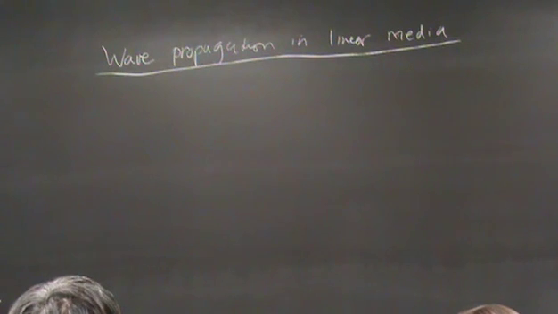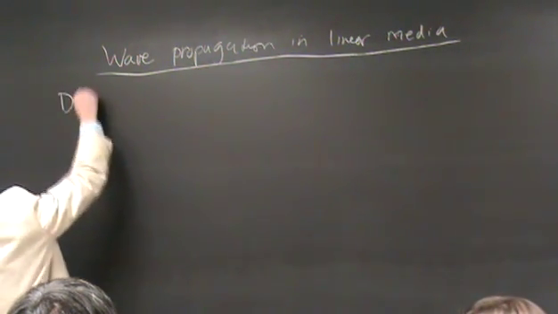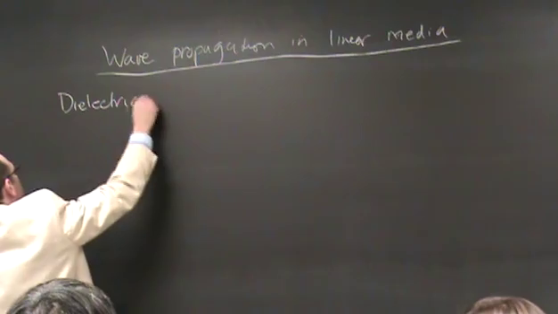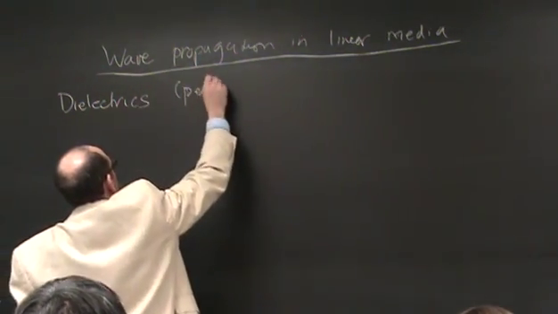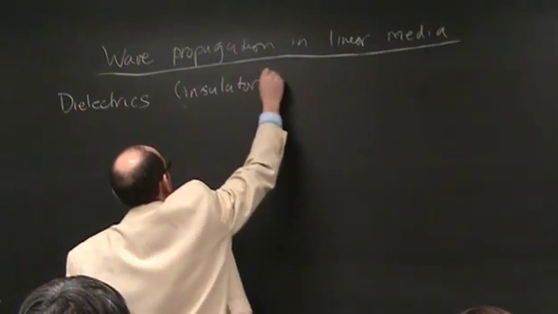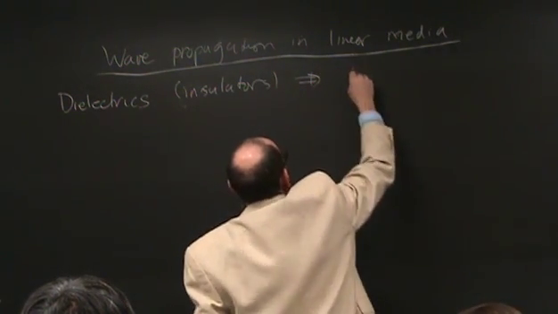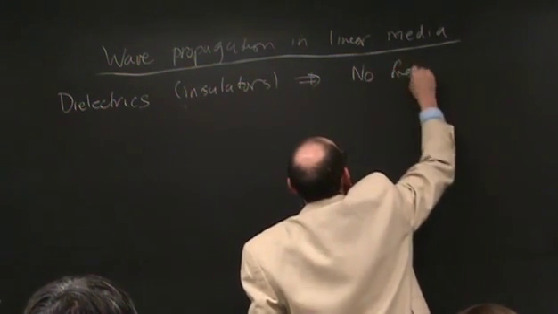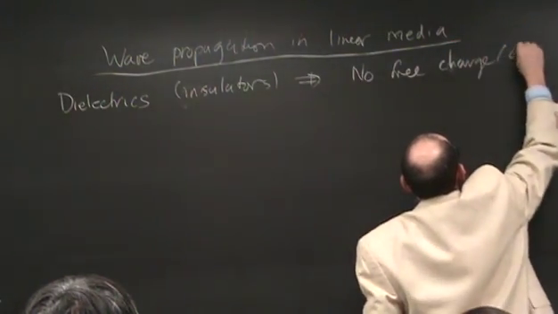So let's begin by restricting our attention to the case of what we call dielectrics. So a dielectric is another name for a perfect insulator, or insulator. Right now we'll talk about perfect dielectrics, which means that there's no free charges or currents.